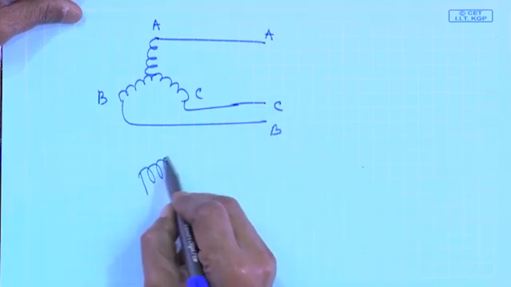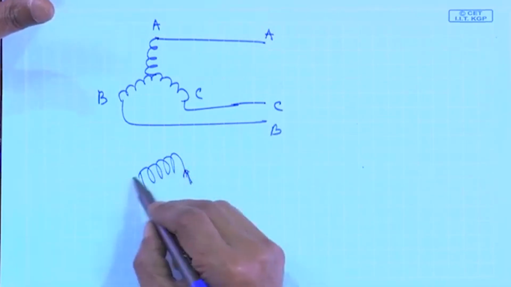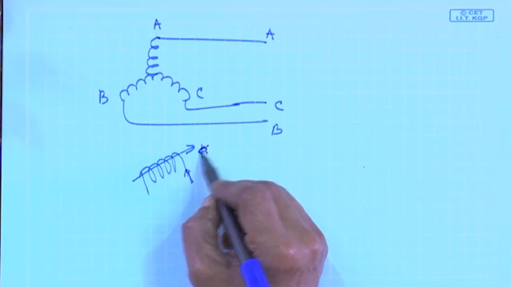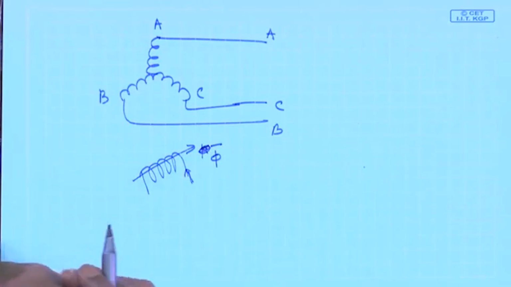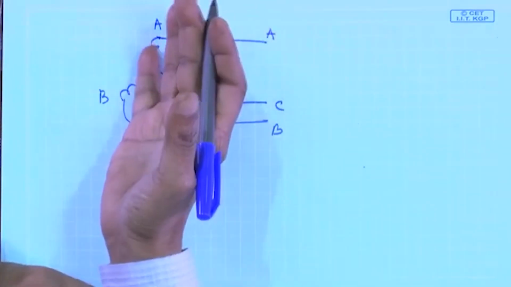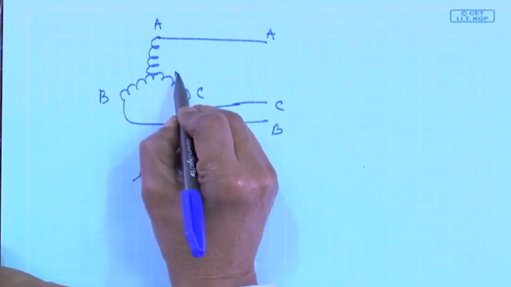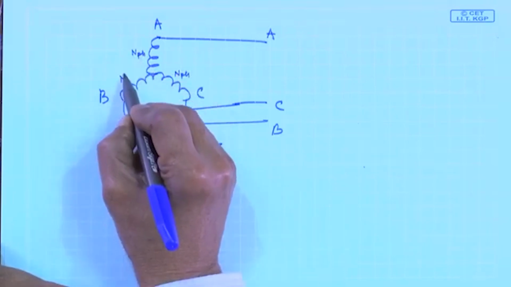This is the field winding, and this field winding creates some flux per pole, and then it links the A, B, C winding. With time it changes. This is N phase, N phase, N phase.